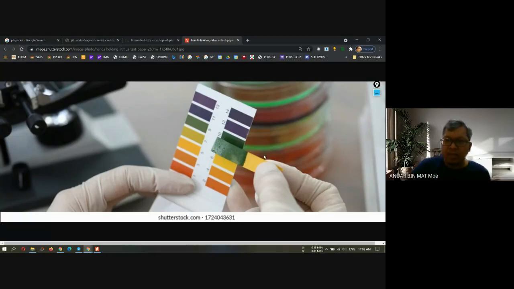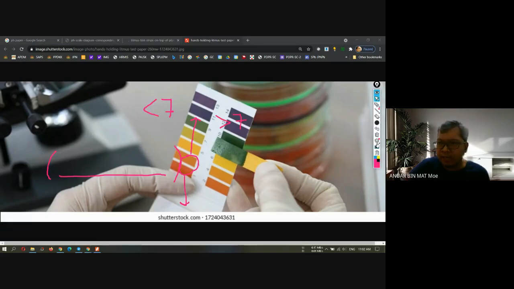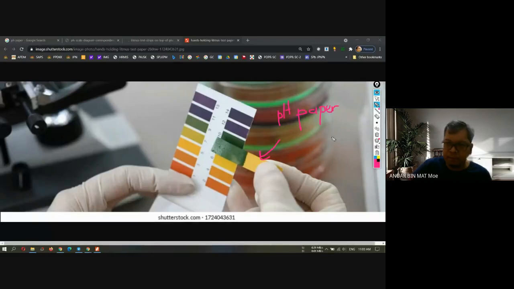If you look at the picture over here, this is pH paper that has already been dipped in the substance.